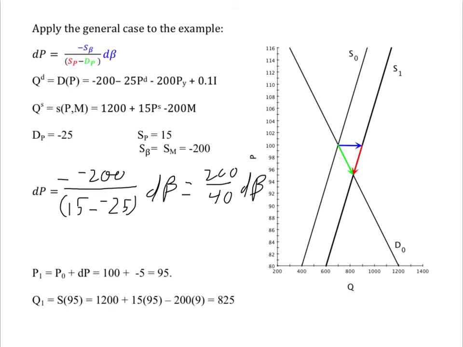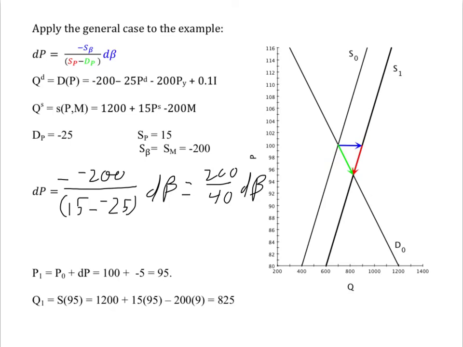Holding price constant, this shift would result in excess supply, so price has to fall from 100 to 95, resulting in the green increase in quantity demanded and the red decrease in quantity supplied, S sub P. All three effects, the size of the shift, the responsiveness of quantity demanded, and the responsiveness of quantity supplied, must be accounted for in measuring the comparative statics, the adjustment from one equilibrium to the next. Those three effects are hidden when we simply calculate the two different equilibria.